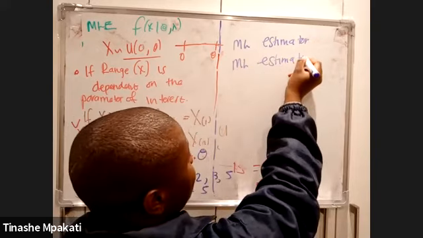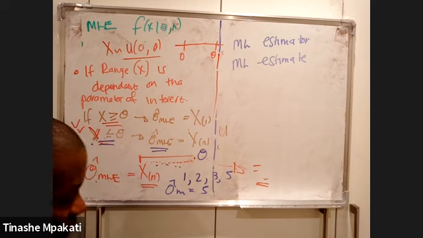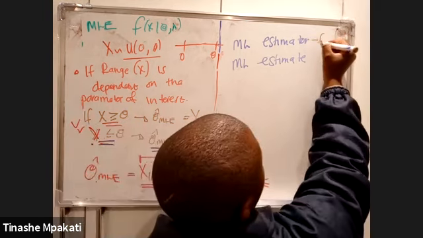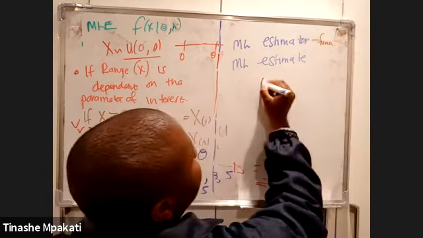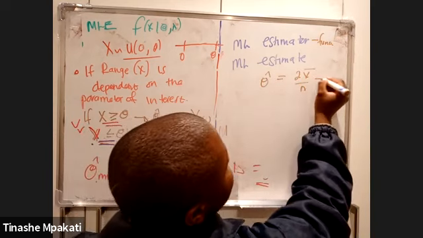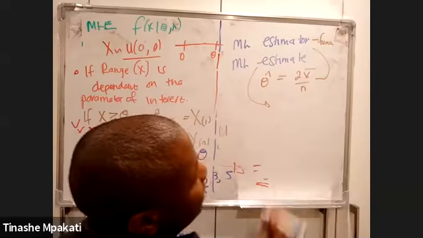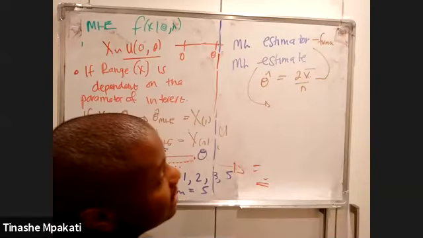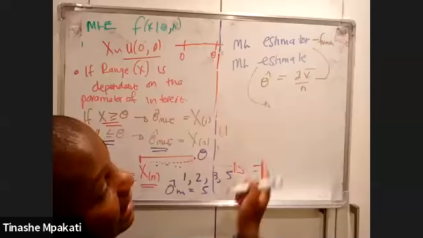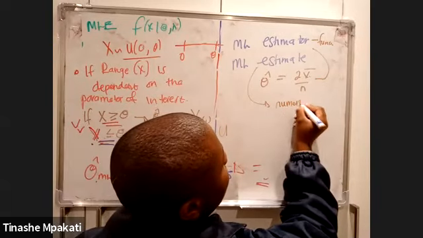There is a difference between the two in the sense that the estimator will always be a function. This will always be a function, for example theta being equal to 2x bar over n. This is an estimator. An estimate will require you going to your data, finding what this mean is, and what that n is, and substituting them there. And that is actually a numerical value.